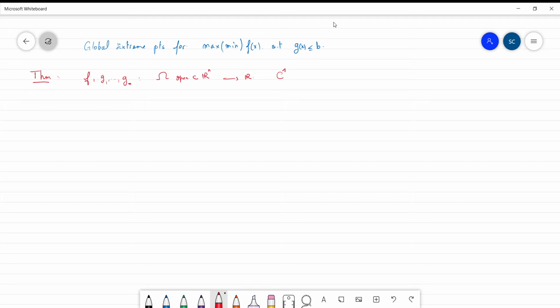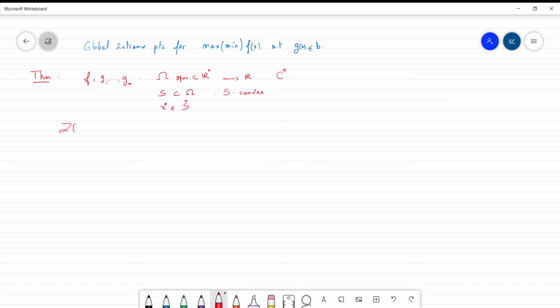And let's consider S, a convex set included in omega. So S is convex, and x star, a candidate point, is in the interior of the convex set.